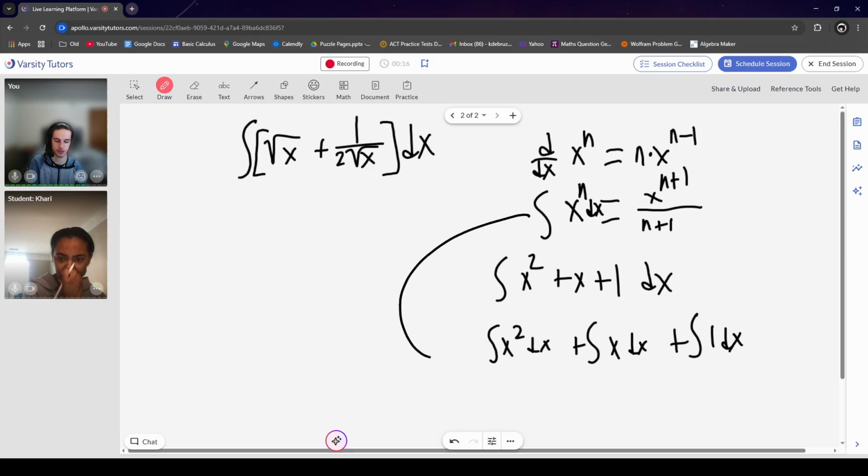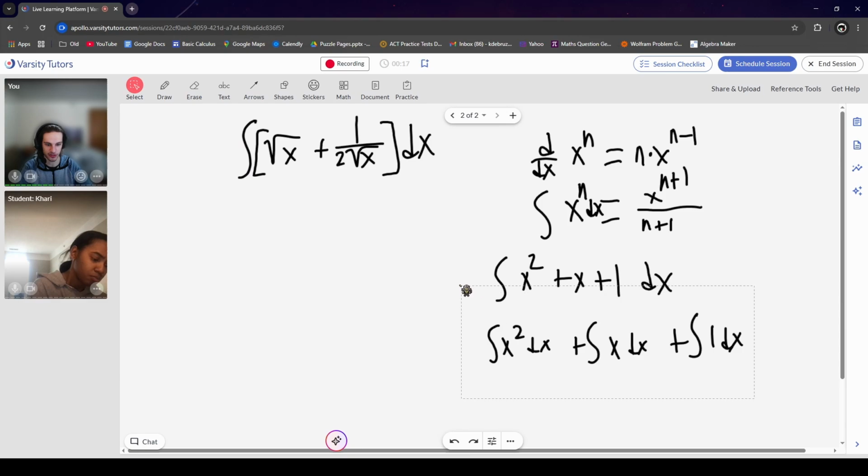And you see that we can apply the power rule to each of these individual integrals. I believe you're familiar with doing that for derivatives, where if we have the derivative of x squared plus x plus 1, you can take the derivative of each individual term with the power rule. These are the two basic ideas you'll need for this problem.